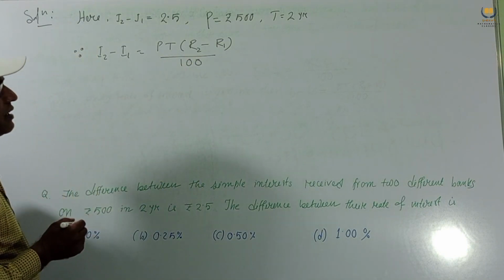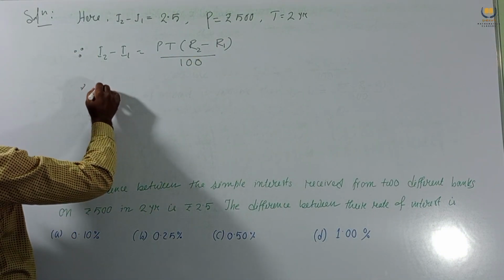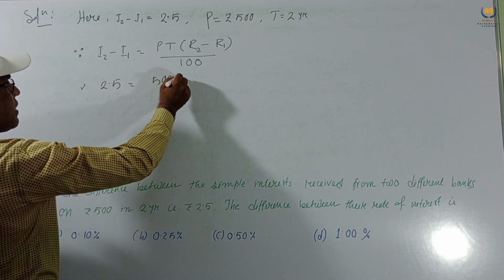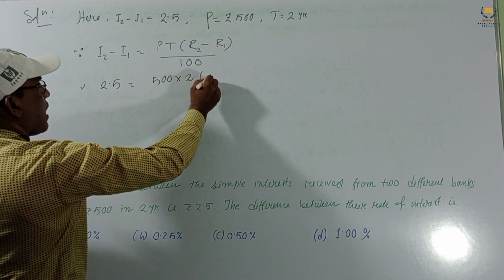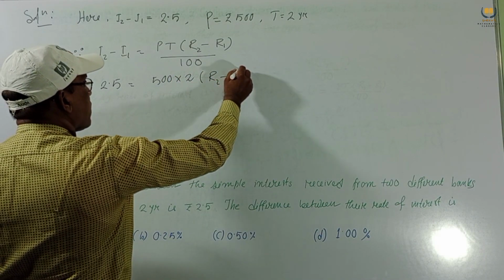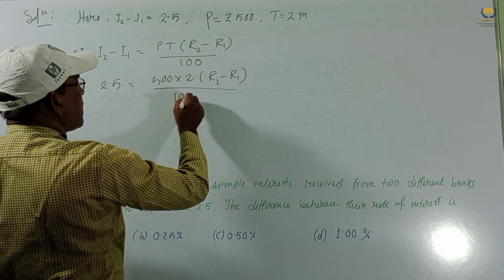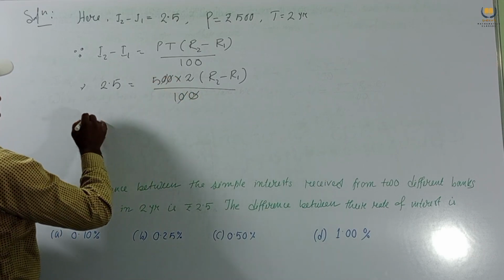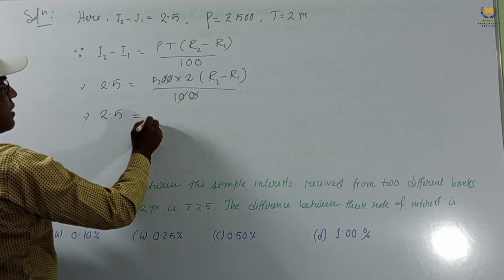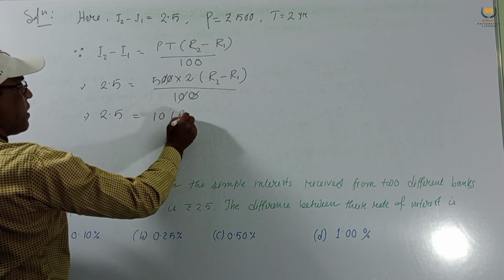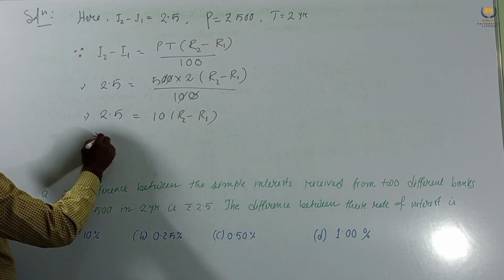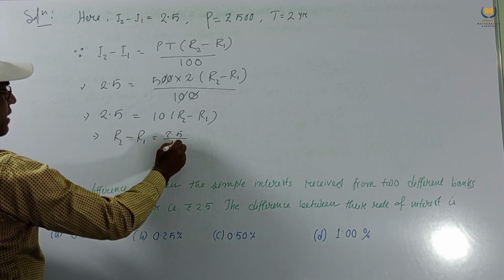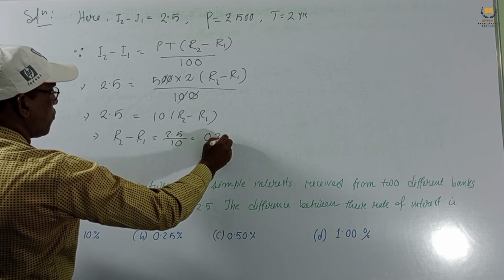Putting in the values, this is 2.5, P means 500, T means 2, R2 minus R1 not given, divided by 100, and this cancels, we get 2.5 equals 10 (R2 minus R1), so R2 minus R1 equals 2.5 by 10, which is 0.25.